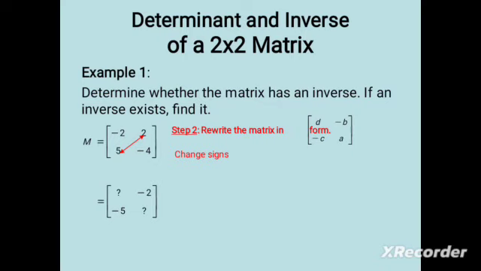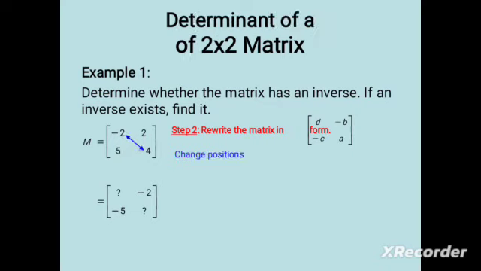And now we come back to the main diagonal, what you see there. We are going to change their position so that -2 will assume the position of -4 and -4 will assume the position of -2. So we will have -4, -2, -5, -2.